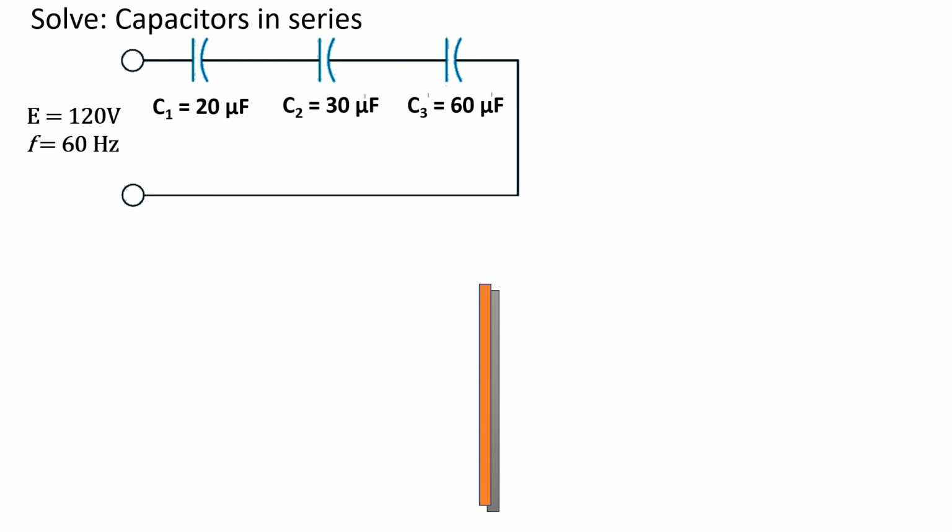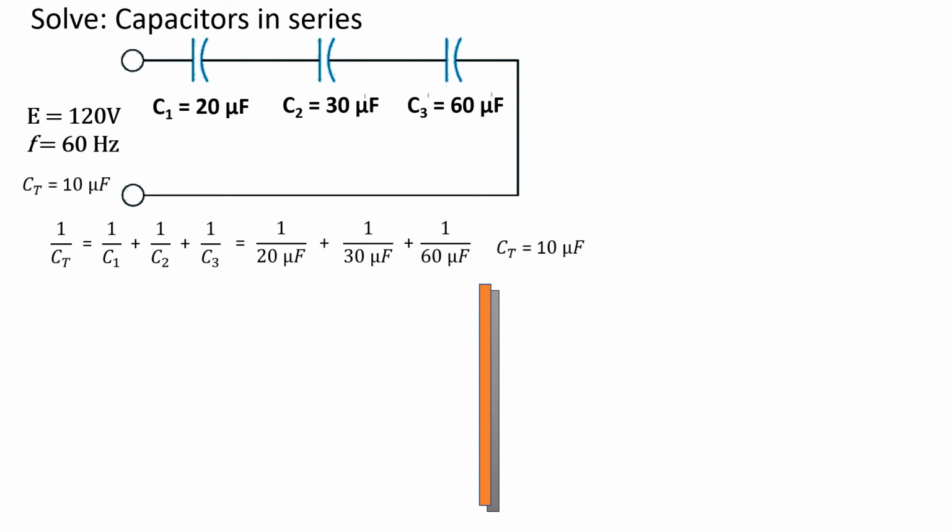So let's take a look at these three capacitors in series. A 20, a 30, and a 60 microfarads. Capacitance in series is a reciprocal sum, and that will result in 10 microfarads for a total capacitance. Now we could calculate each of the ohms and add those up, because we know ohms add in series.